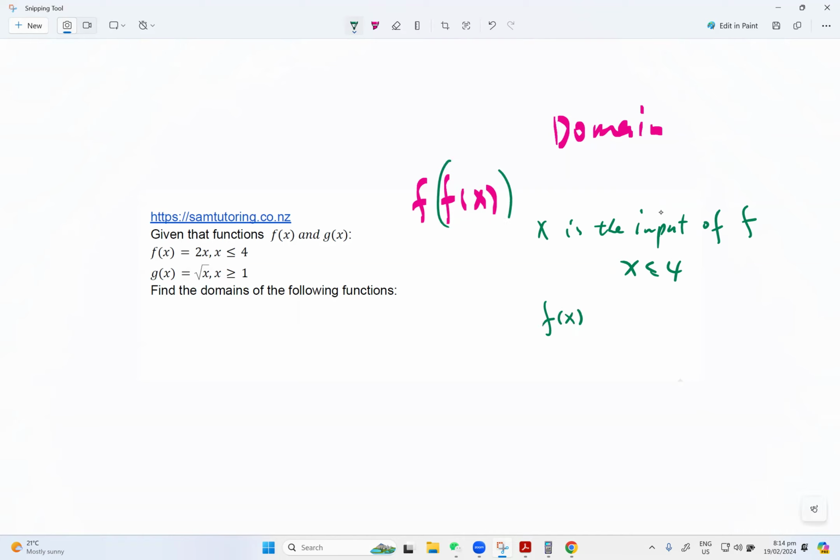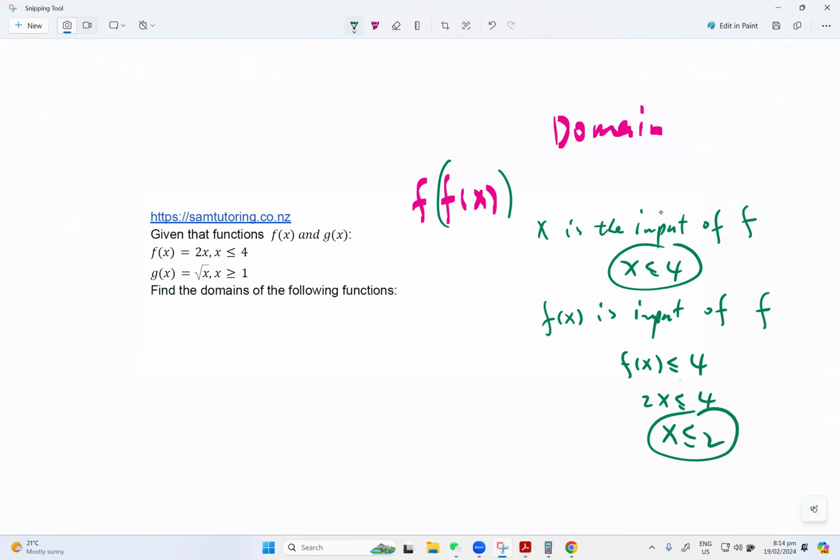F(x) is also the input of F. So F(x) less than or equal to 4, which means 2x less than or equal to 4, x less than or equal to 2. Combine these two together, therefore x less than or equal to 2.